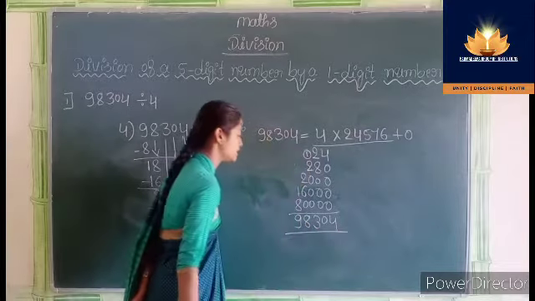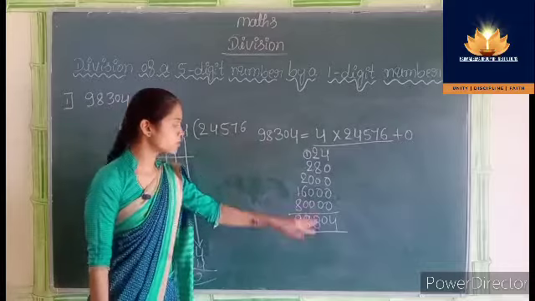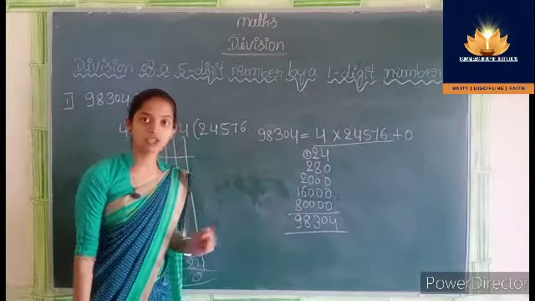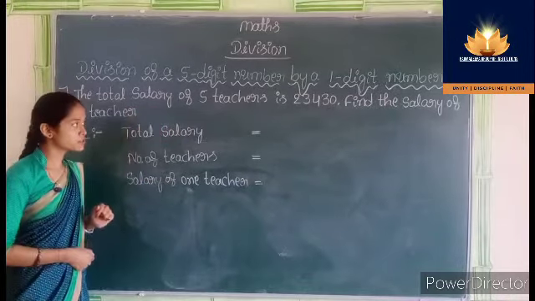We get 98,304. LHS is equal to RHS. Our division is right.